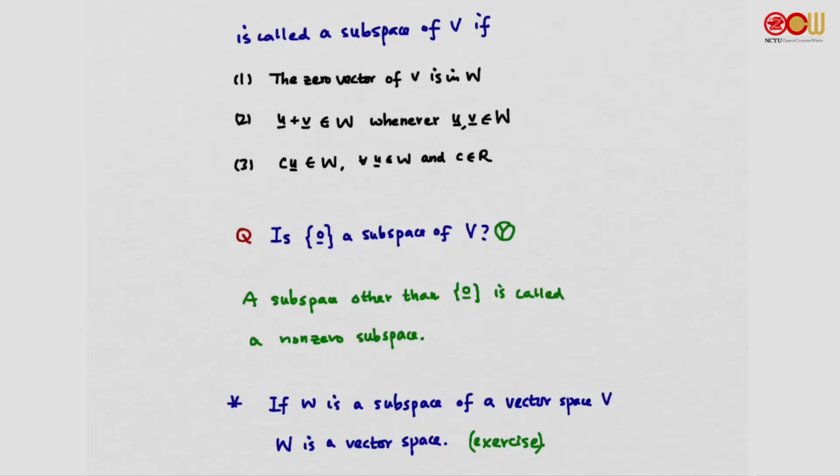Remember when we define a vector space, it is a set with 2 operations, and those 2 operations have to satisfy the 8 axioms of a vector space. But now, if we already have a vector space V, we can easily obtain a new vector space by simply showing that W is a subspace of V.